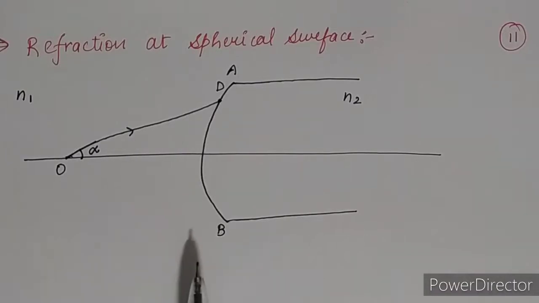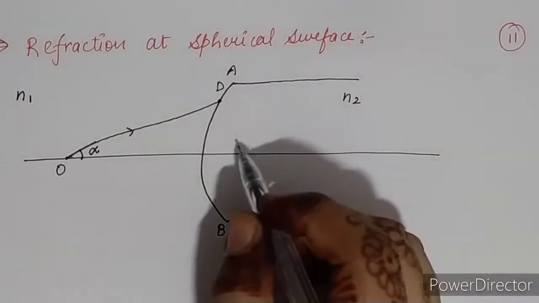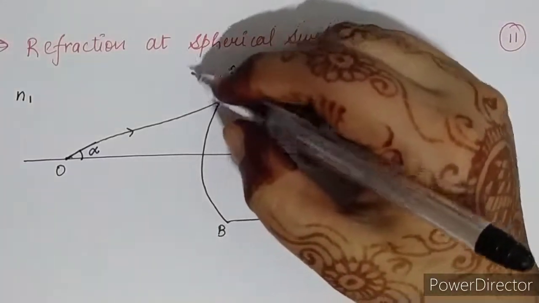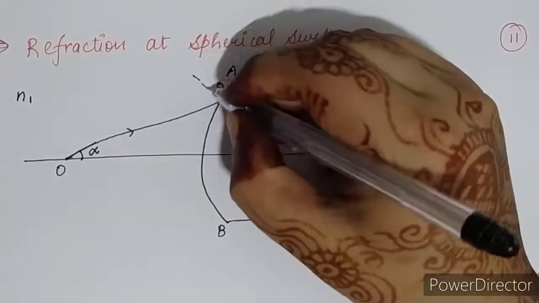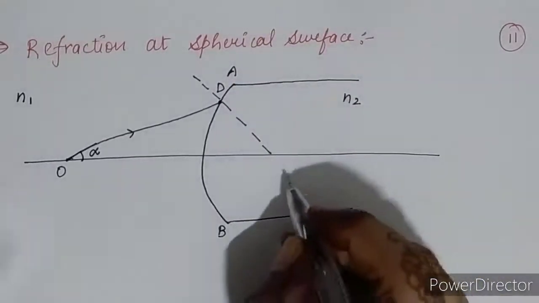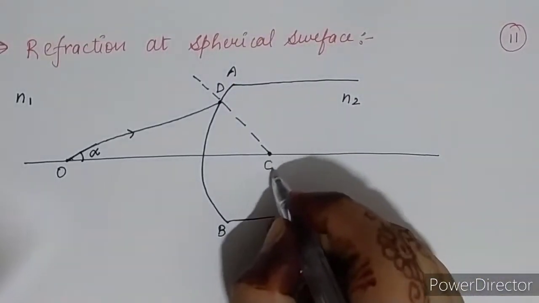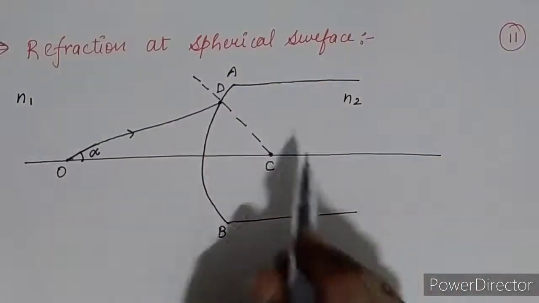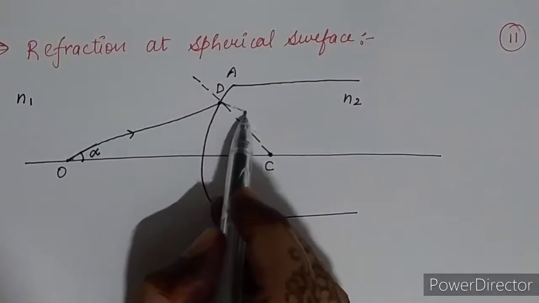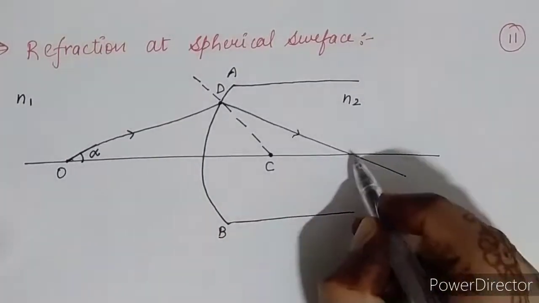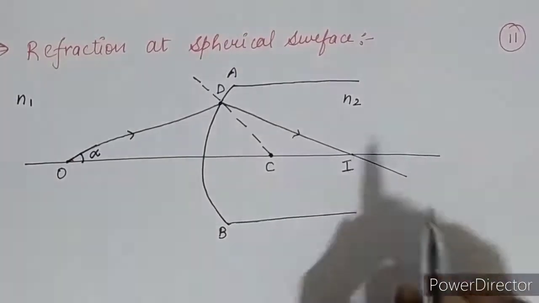After this I draw a normal line from the center of curvature C. As the media changes, the ray is refracted and makes an image at point I.